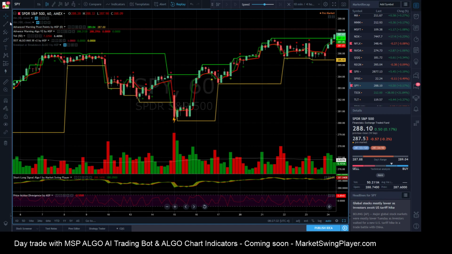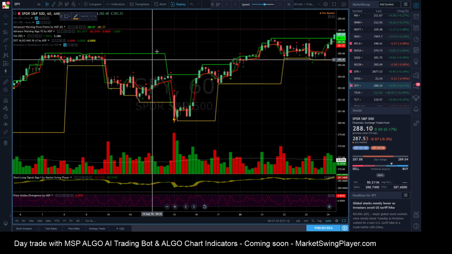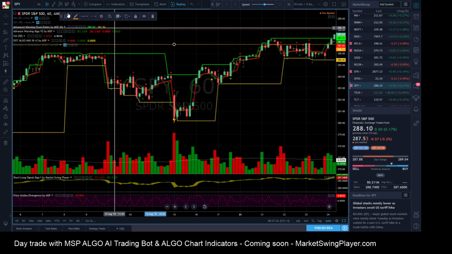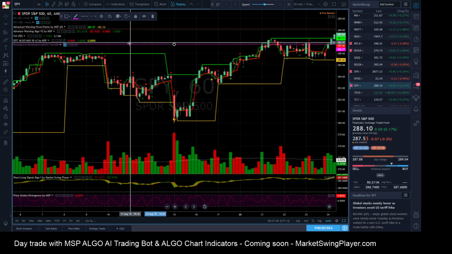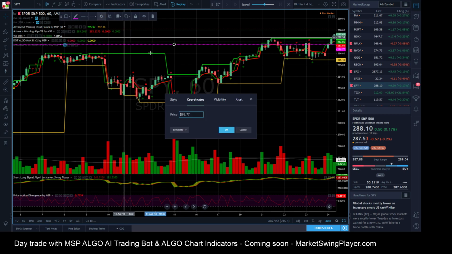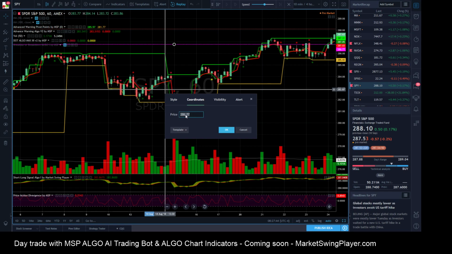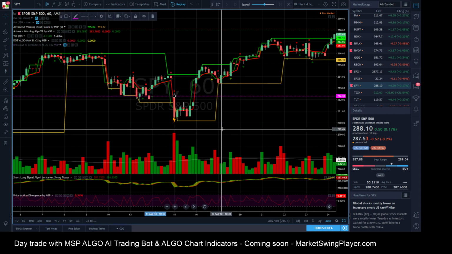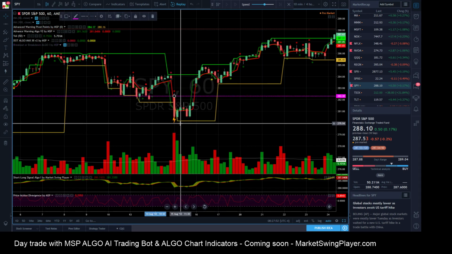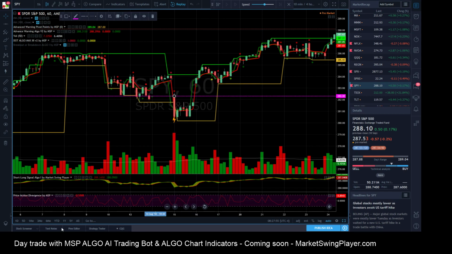So I do show a little horizontal line. I like mine to be pink. And I'm going to put the price of the alert, and that was at what time? 10 o'clock.